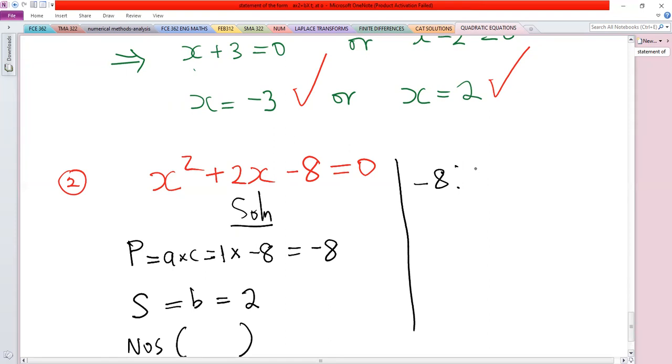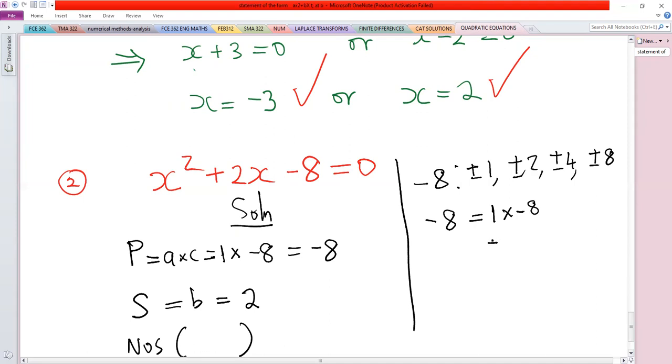So factors of minus 8 are plus or minus 1, plus or minus 2, plus or minus 4, and then plus or minus 8 itself. And then once you have listed all the factors of the product, you rewrite that product as a pair of those factors. So if I pick 1, I need to multiply by minus 8 to get minus 8.